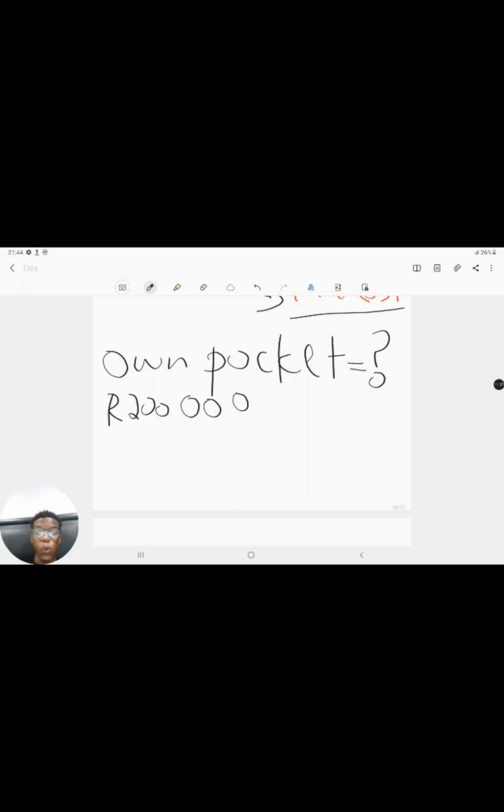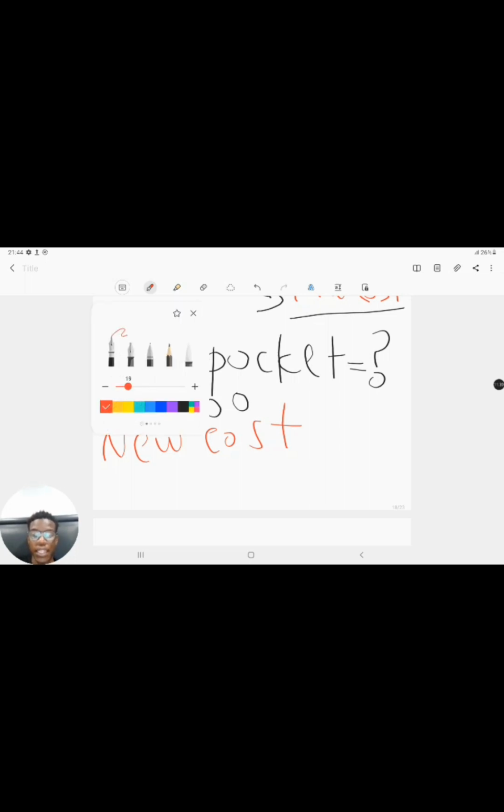And then he will have to be able to afford the new tractor, right? He should be able to pay the new cost. But in order for him to pay the new cost, he needs some money from his own pocket, right?